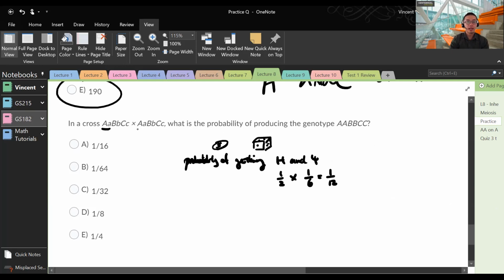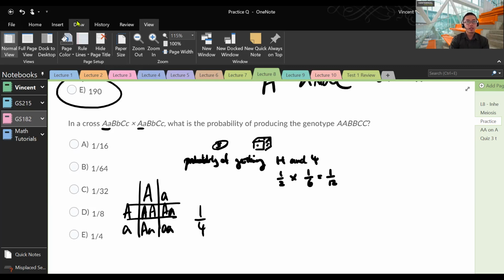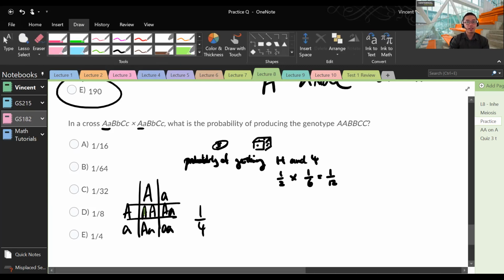Let's take a look at AA here. If I get big A, small a, and I get big A, small a again, because that's what happens for both the parents, and I do the Punnett square, I will see that there is a 1/4 chance for the big A.